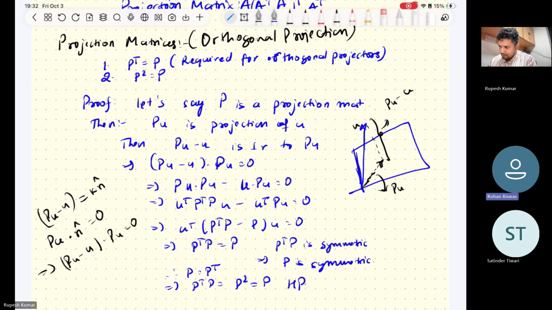Then first thing, if you have the idempotent property P square equals P, then P has to be a square matrix, right? Yes. The second thing is, should it be full rank or not? P square equals P does not necessarily require that.